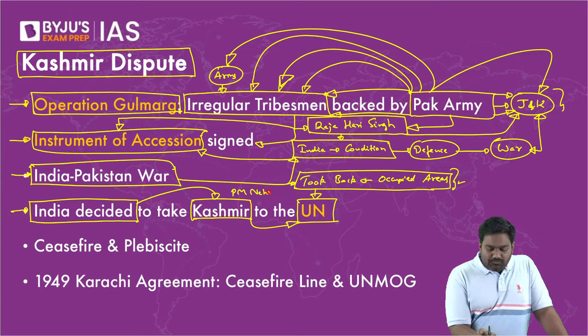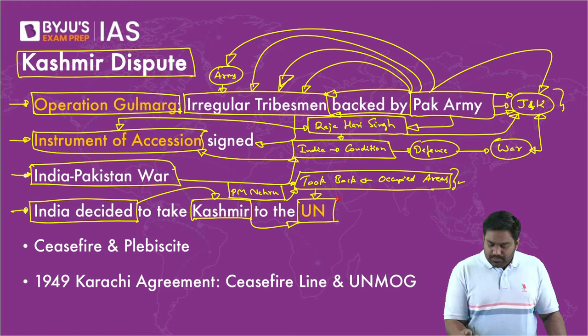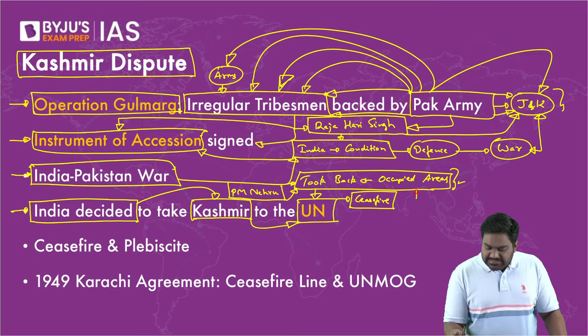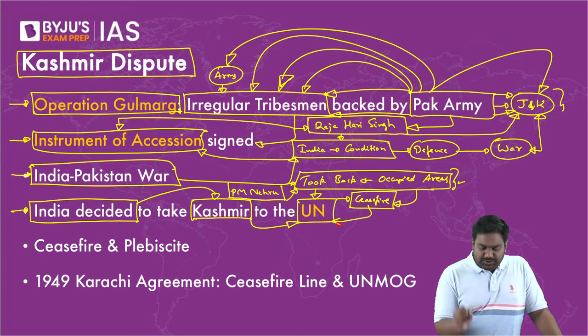This was a call of Prime Minister Nehru. Prime Minister Nehru, he called for a ceasefire. India called for a ceasefire to hold the positions. We had taken back some of the occupied areas, and we took the matter to the United Nations.